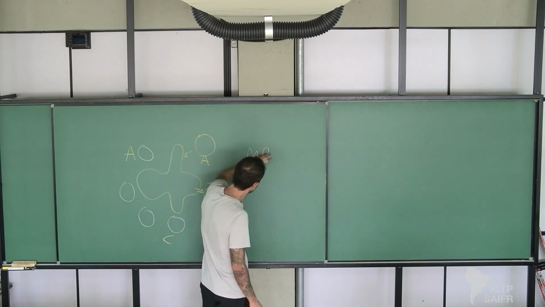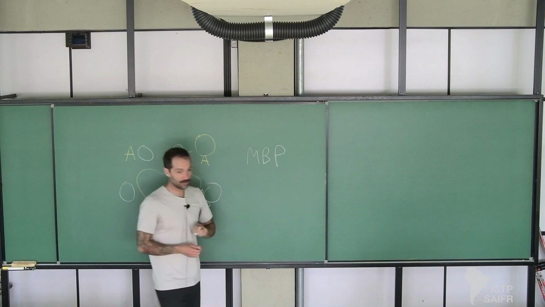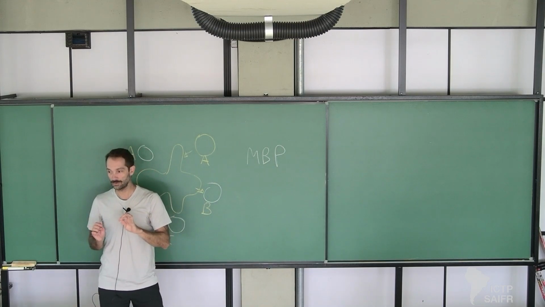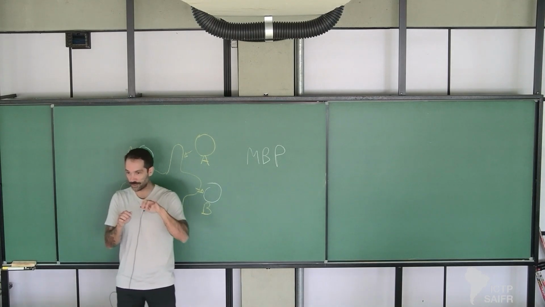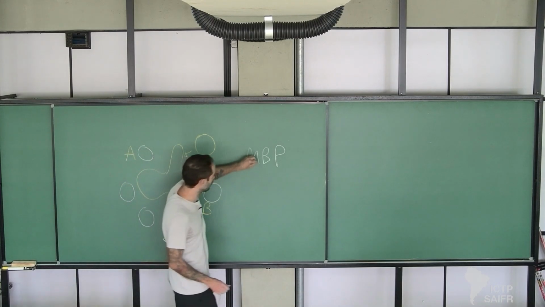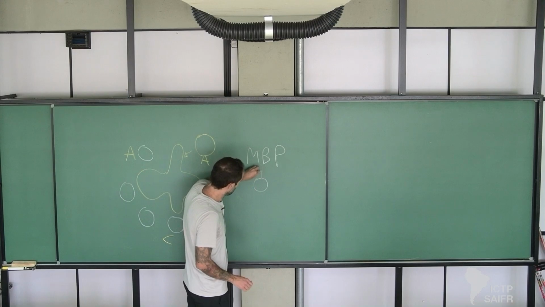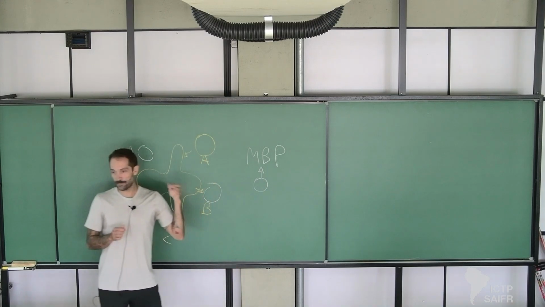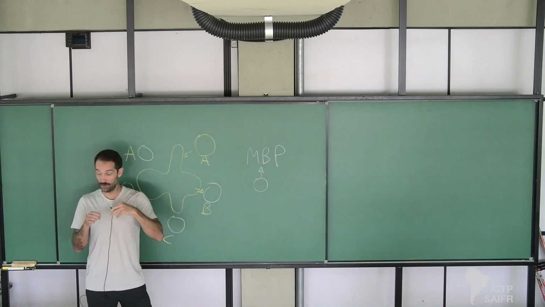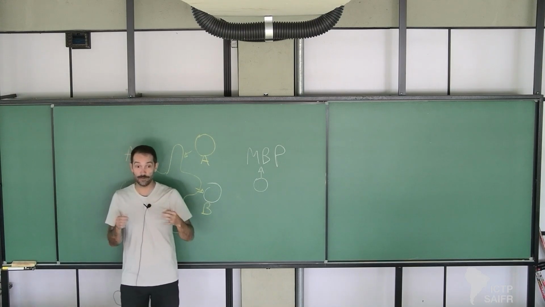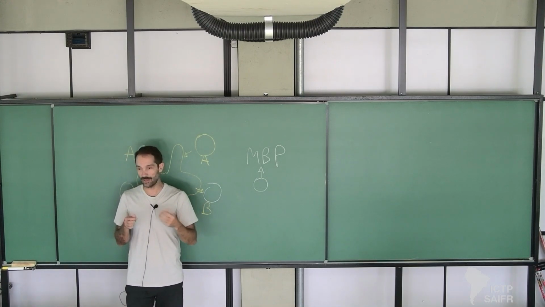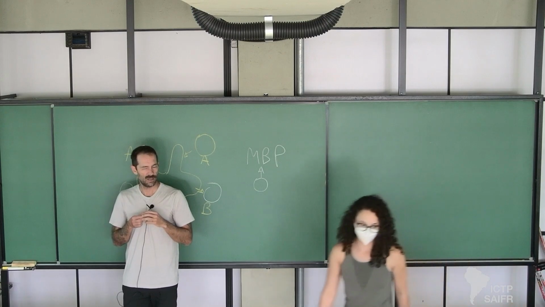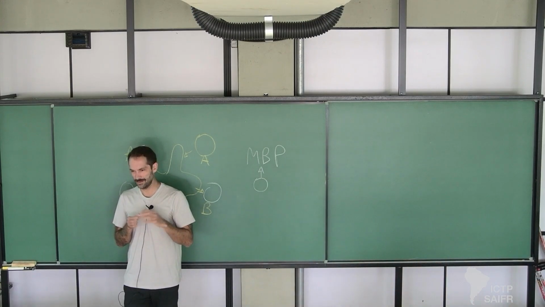Juan generated a transgenic animal where the TCR is transgenic, so all T cells recognize MBP. MBP is a protein of the myelin sheath, so these animals will develop a multiple sclerosis animal model called experimental autoimmune encephalitis, EAE.